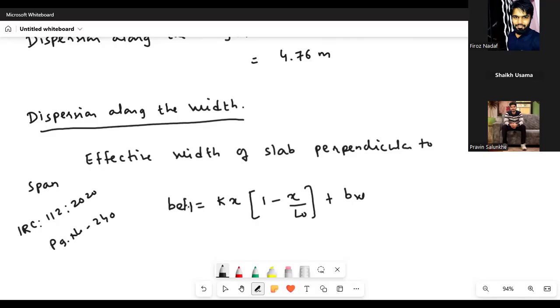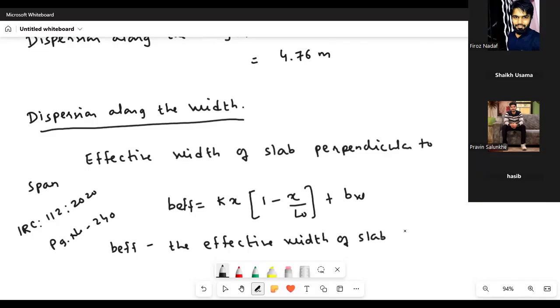B effective. This is B effective. B effective is the effective width of the slab on which the load acts. Effective width of the slab, dispersion along the width of the slab. Okay. So this is the effective width of slab on which the load acts.